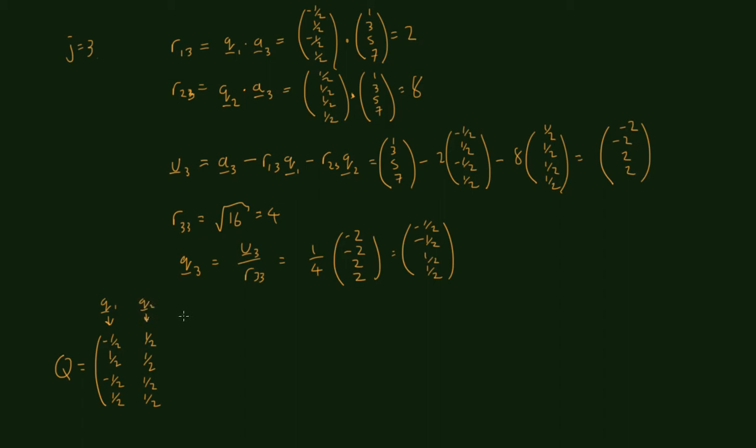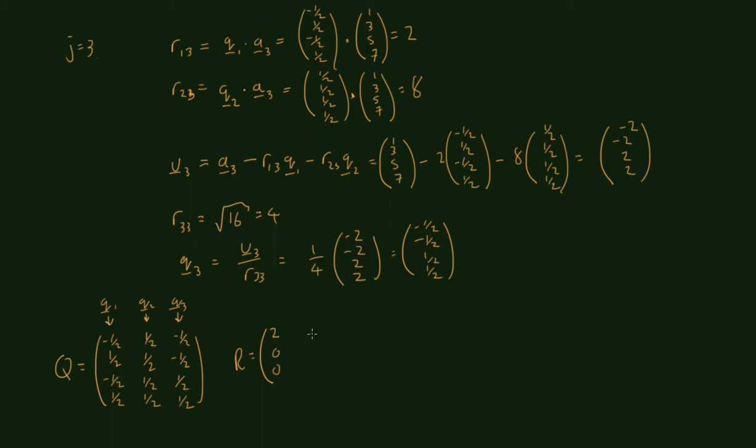And finally Q3 we just calculated was minus a half, minus a half, a half and a half. So that's Q3. And our R, well, R11, if we recall what R11 was, that was 2. And because it's upper triangular, we have nothing beneath it.